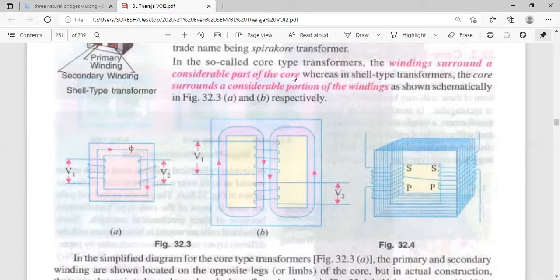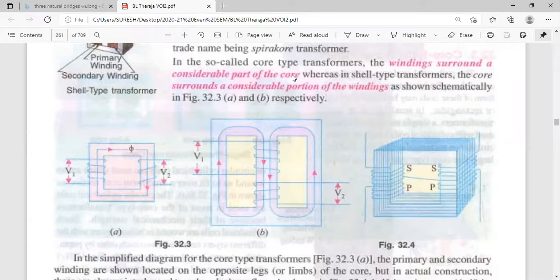That means maximum part of the core is surrounded by the coil. That is the meaning. Winding surrounds considerable part of the core.